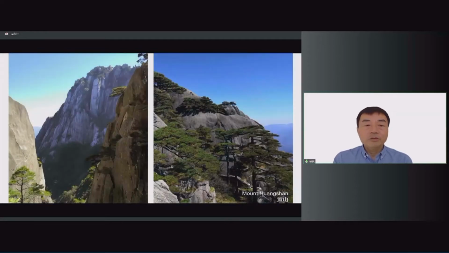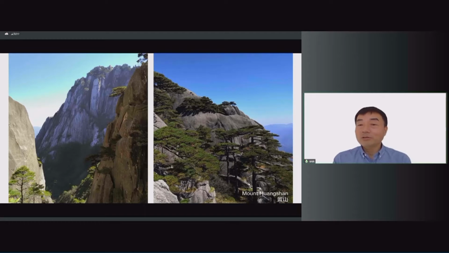Also, we were invited to develop general management plans for Mount Huangshan, which is located in Anhui province. We Chinese have a saying that if you have a chance to visit the 5 great mountains, you don't need to visit the other mountains.